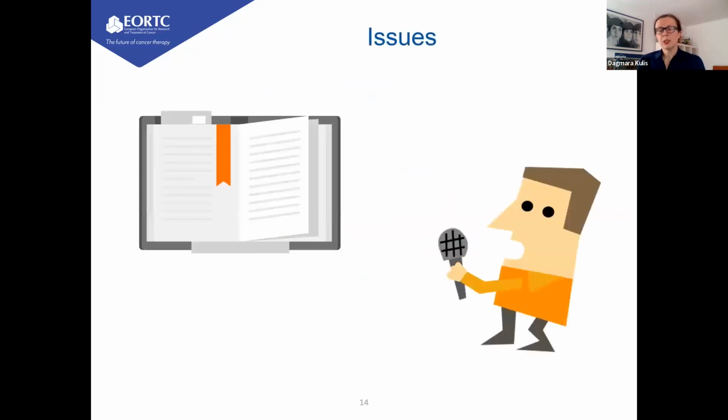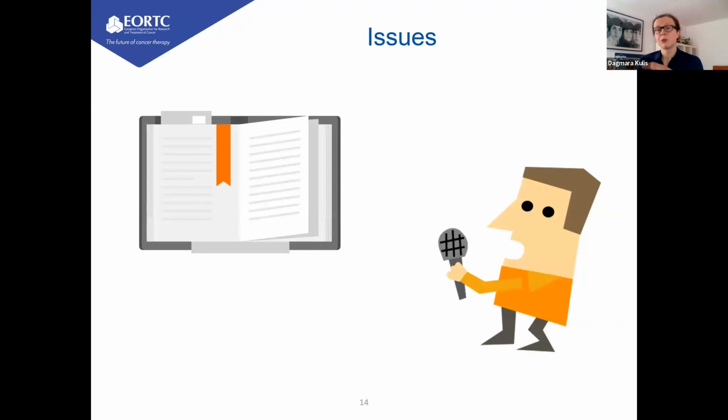So in phase 1, we collect issues. That's done by literature review. So the developers, the researchers check what is already out there, what sort of questionnaires already exist in the topic that they want to have a questionnaire in. They check papers, and this way they collect any issues that the patients might be struggling with and that might be important to the patients.